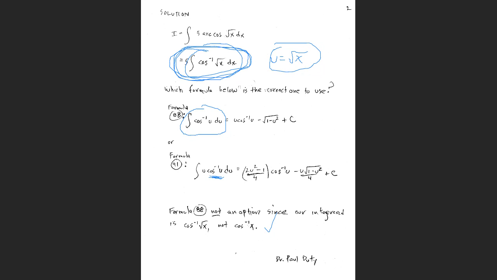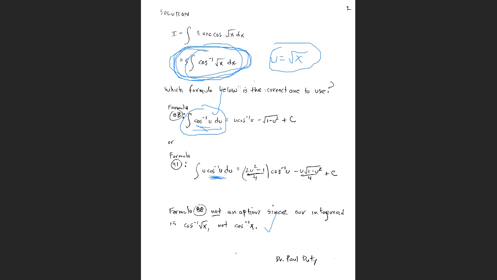What I'm trying to say is Formula 88 and Formula 91 as well require the arc cosine of a variable, not the arc cosine of a square root of a variable.